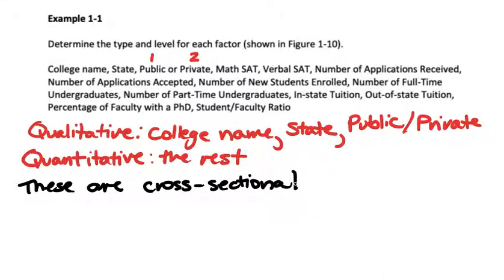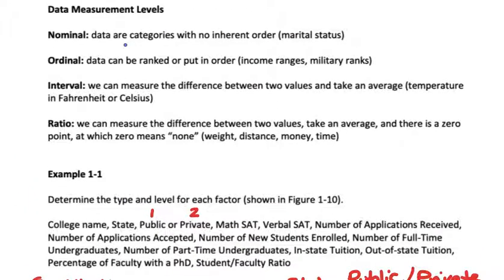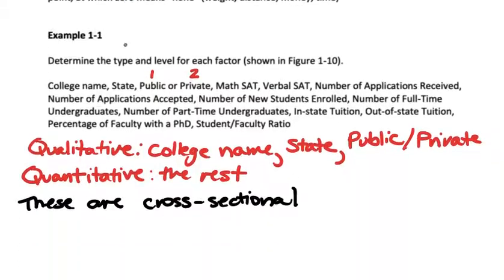If I was measuring data from these universities over time, so for example, I could keep track of the tuition prices for each semester over a number of years, then that would be considered time series, but that's not what we have here. And then lastly, we're going to look at our data measurement levels: nominal, ordinal, interval, or ratio.